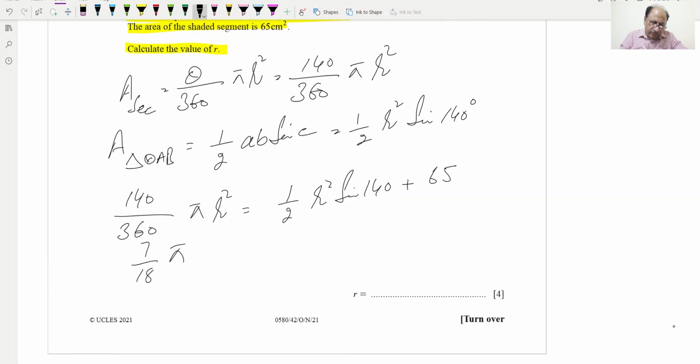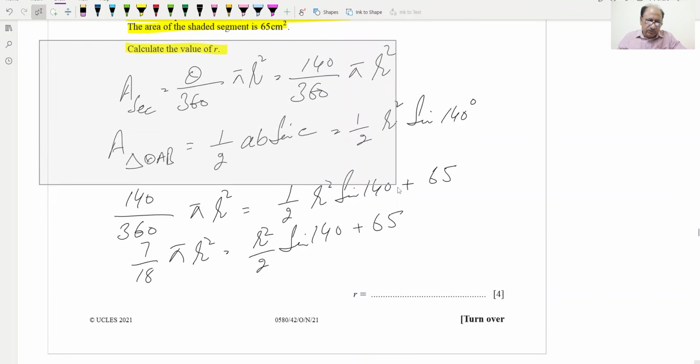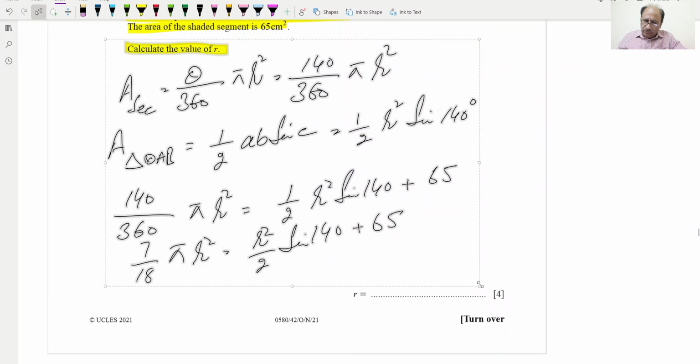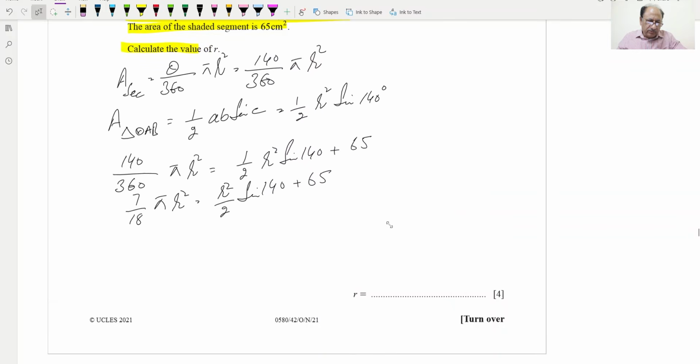So 7 over 18 pi r squared is equal to r squared over 2 sine of 140 plus 65. Now we can shrink the size so that we can get more space. Now we shift this r squared term to the other side. So 7 over 18 pi minus 1 by 2 sine of 140 degrees, with r squared taken common, is equal to 65.